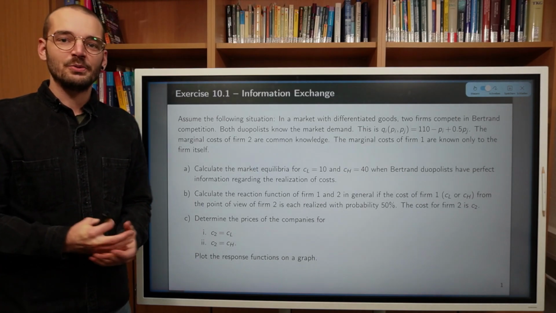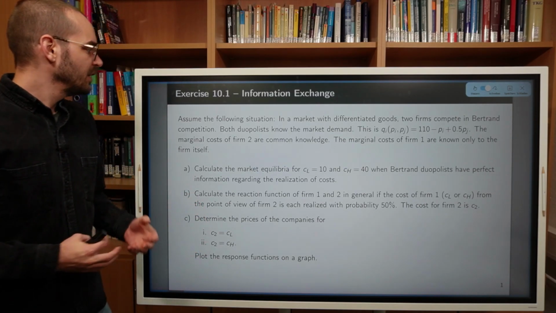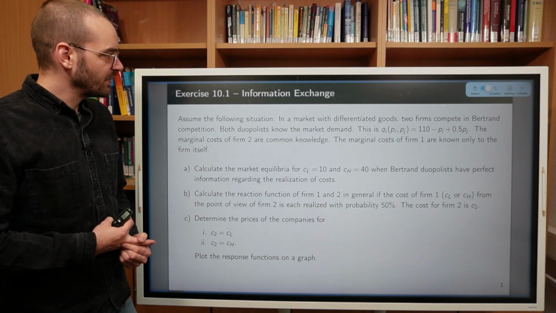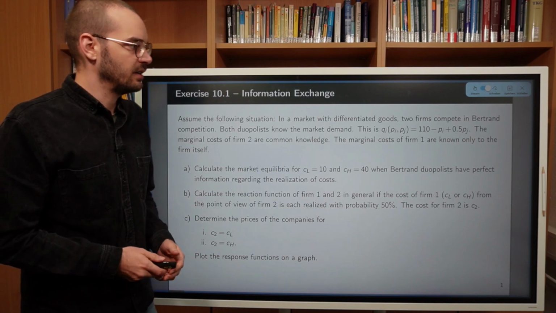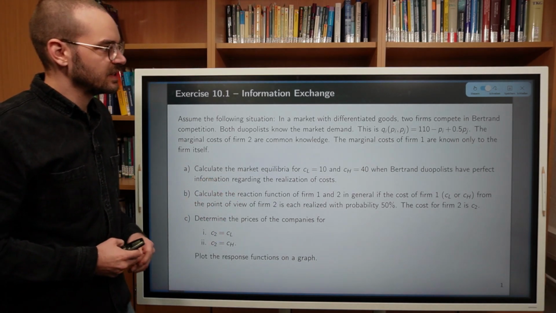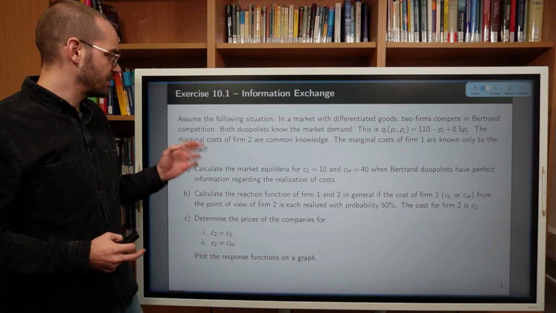And we are going to do so in the following model. We are going to assume a situation of a market with differentiated goods. There are two firms competing in a Bertrand competition.